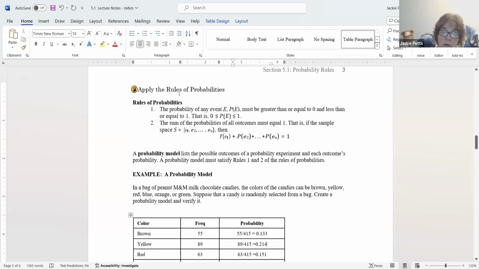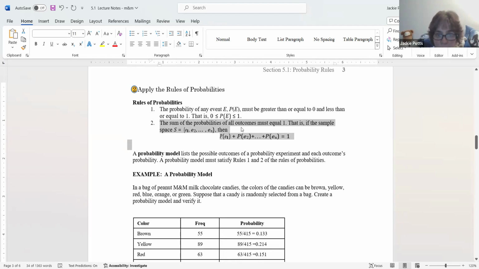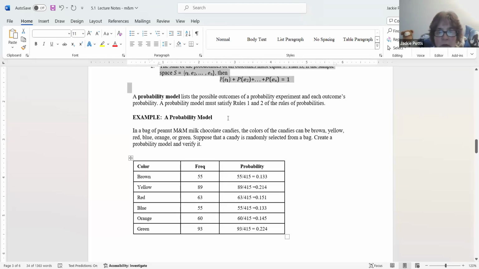And that comes from the second rule: the sum of each individual probability. That's what this is trying to tell you. The P of event 1, well, that's the probability of brown plus the probability of yellow plus the probability of red. That's what P of E sub 1, E sub 2, E sub 3, and so on means.